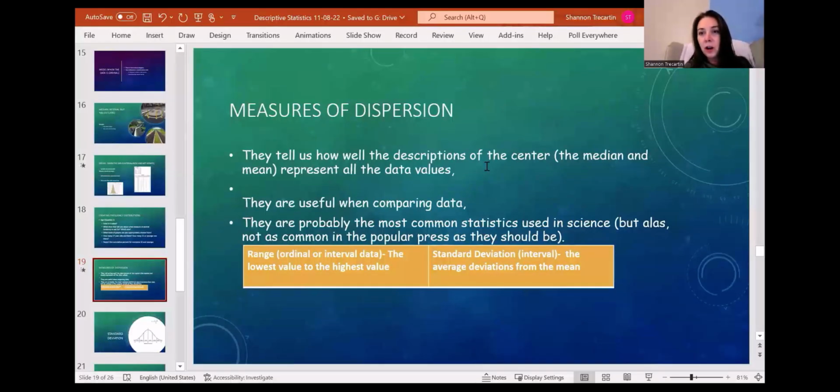Measures of dispersion are basically telling us how spread out the measure of central tendency is. They're useful for comparing data. They're really common statistics, but they're not always understood well. One measure of dispersion is range, and we use that for ordinal or interval data. It's the lowest possible score to the highest possible score.